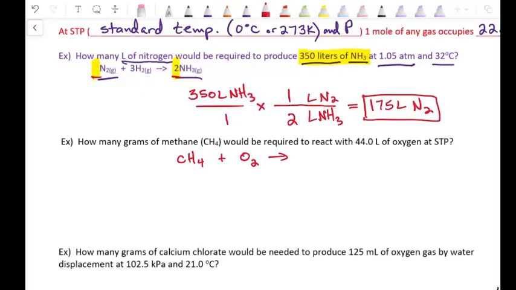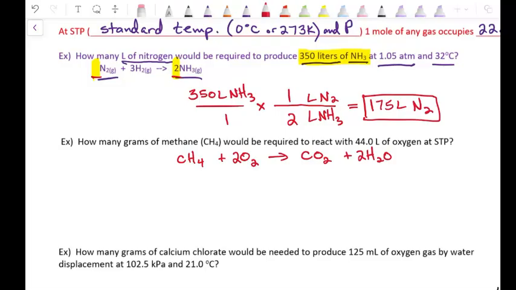See if you can remember what kind of reaction that is and what our products would be, and then balance. Okay, so hopefully you said CO2 and H2O would be our products because it's combustion of a hydrocarbon. To balance hydrogen, I would put a 2 in front of water, and to balance oxygen, I would put a 2 in front of O2.